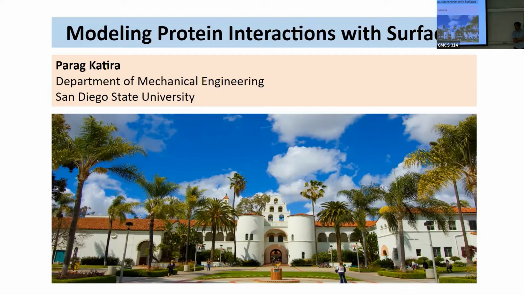He got his undergraduate in industrial engineering, his PhD in material science, and has done some really interesting work on active material, soft matter, biomolecular motors, and some modeling cancer cell growth. And today he's going to talk about protein interactions with surfaces. He's also the new Associate Director of the Computational Sciences Research Center. So please welcome Parag.